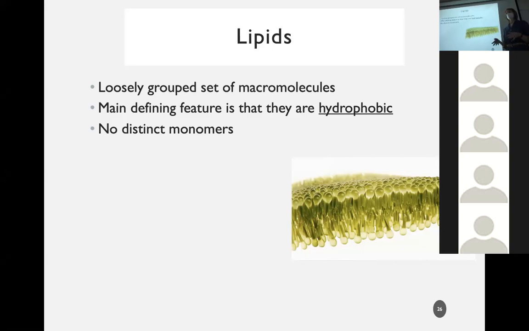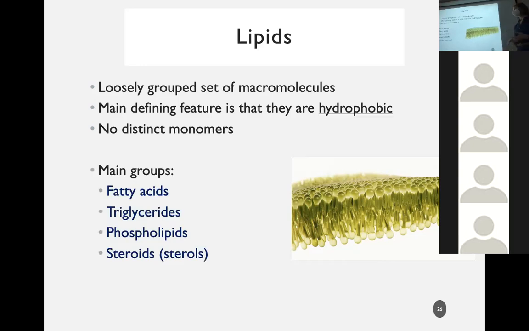They are scared of water. There aren't really any distinct monomers you can pick out. They're just really long chains of mostly hydrogen and carbon.